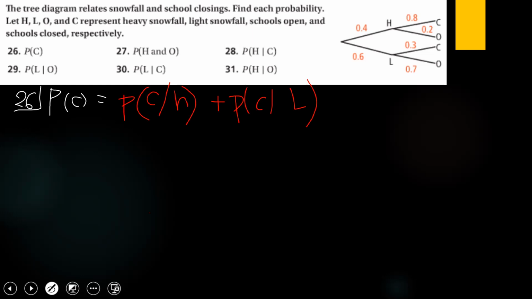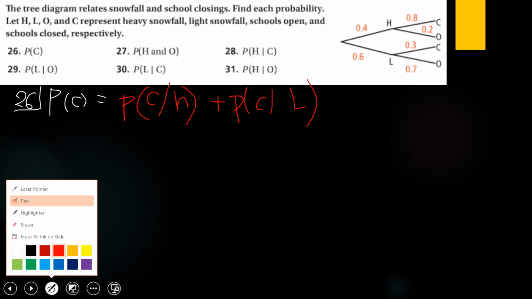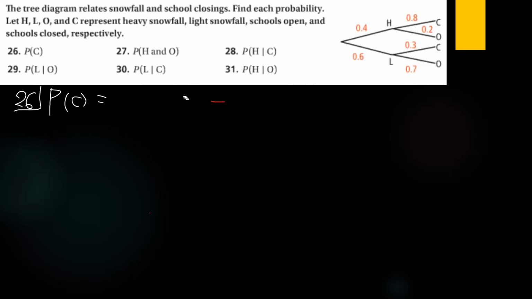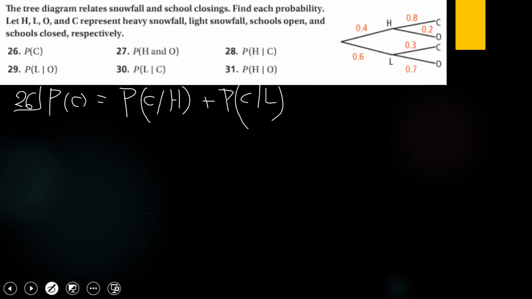So here we have two options: closed and heavy, closed and light.